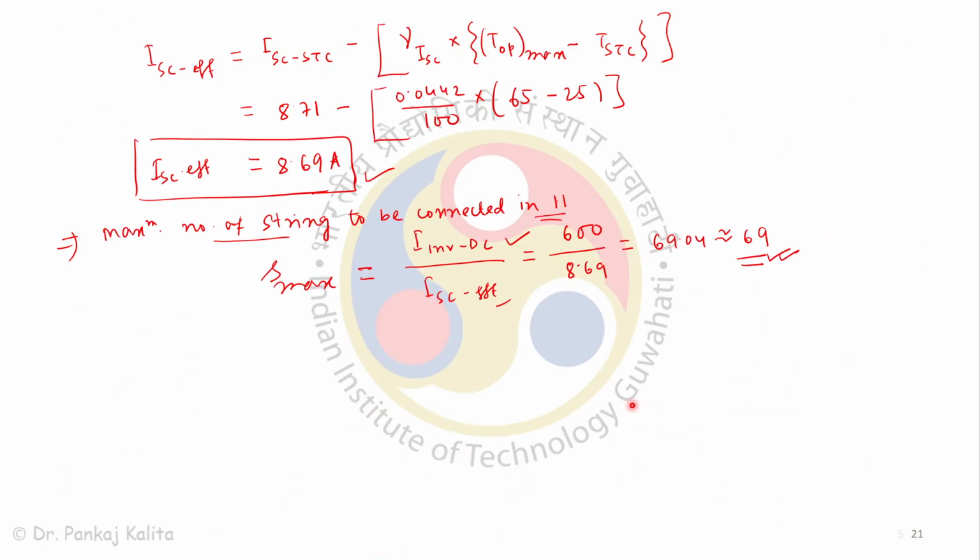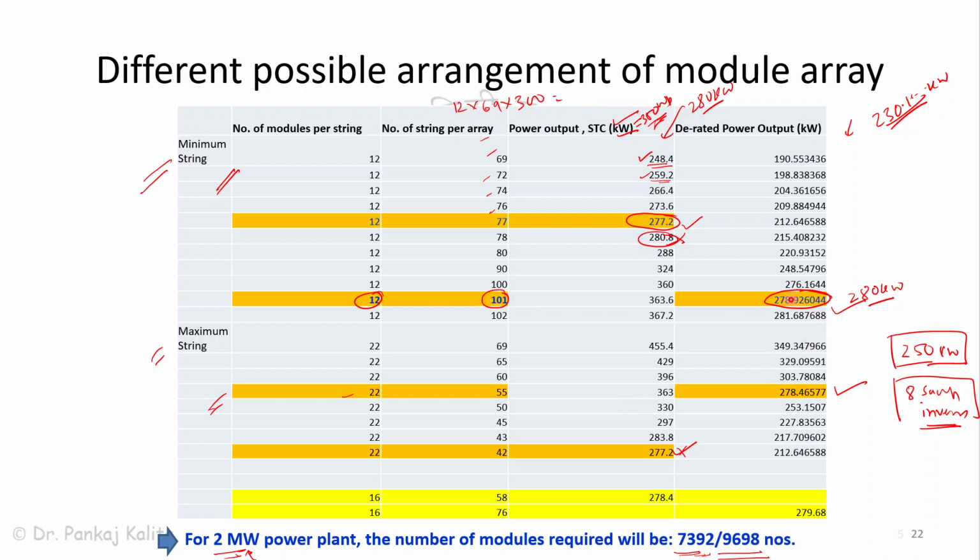The point at which it touches 280 kilowatt, the next point is 281, so this is the minimum number of strings. Similarly you get it for the maximum number of strings also. That's how for 2 megawatt the number of modules will be 7392 or 9698, so minimum and maximum modules are given.